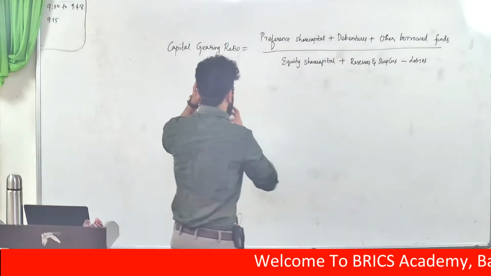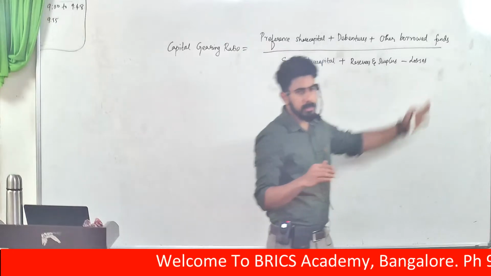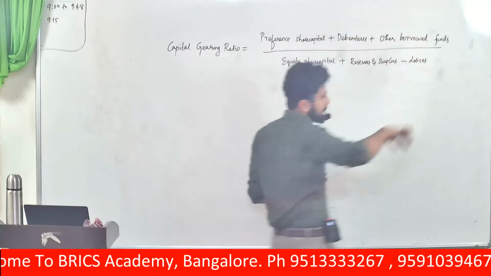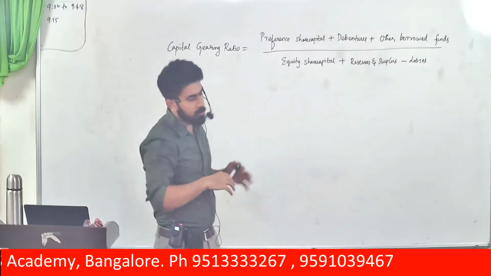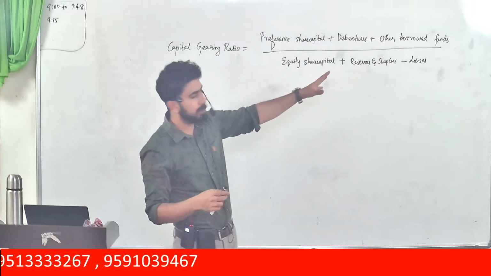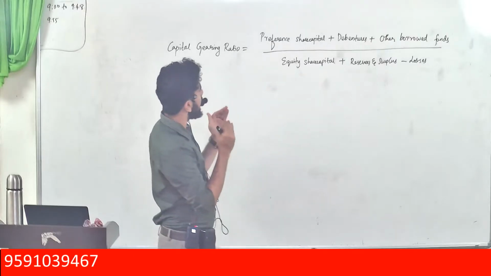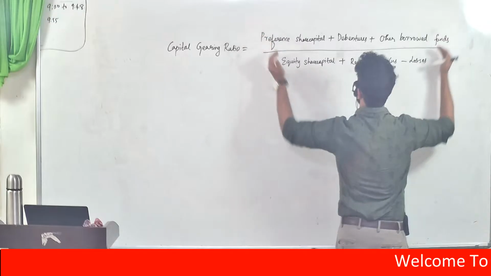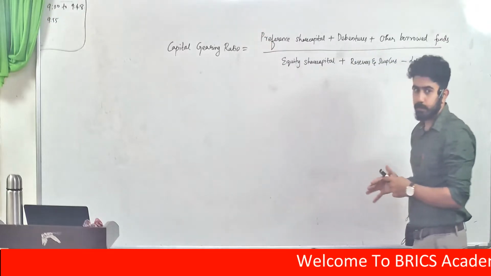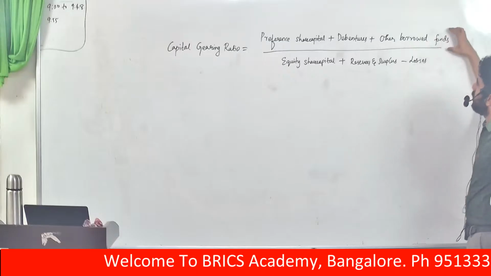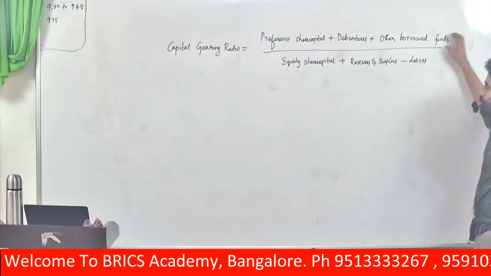So guys, in the capital gearing ratio, the denominator is basically equity share capital and the numerator is basically external funds. If there is preference share capital, debentures, or other borrowed funds, what we are looking at is what percentage is external fund compared to internal fund.